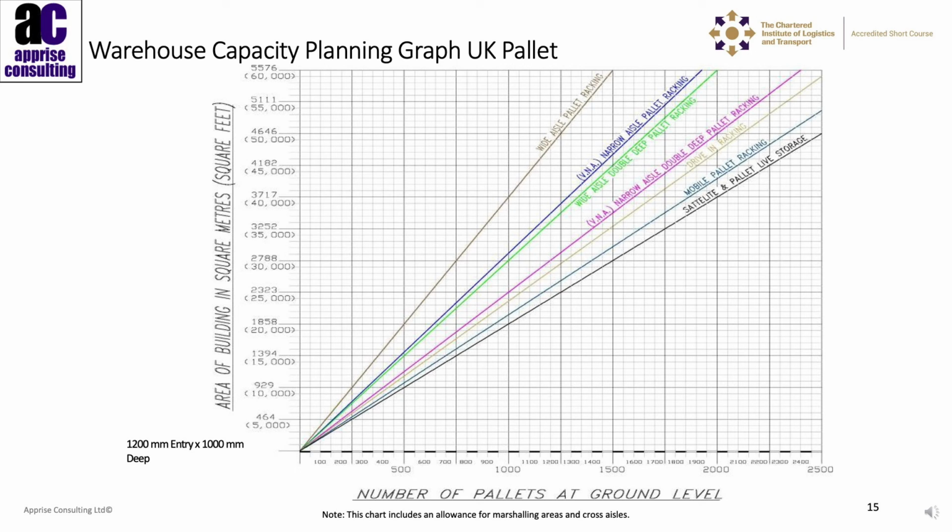If we take it slightly further across to very narrow aisle pallet rack, we can store just over 1,200 pallets. If we take it right to the end, to the satellite racking, we can actually store 2,000 pallets. So again, in terms of comparison, we're doubling the amount of storage compared to wide aisle racking. However, we do need more specialist equipment. So again, as we've discussed previously, this is another trade-off within the warehouse between space and cost.